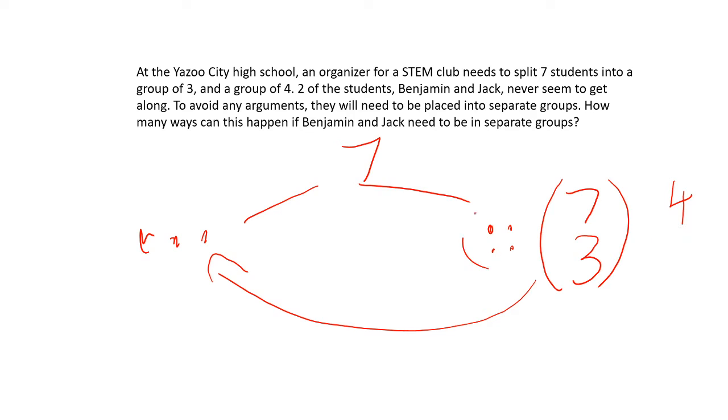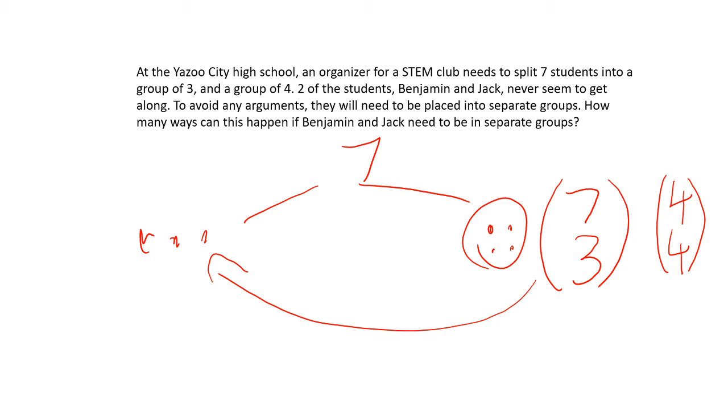And we have 4 remaining slots over here in the group of 4. And we need to choose 4 out of the 4 students. We need to choose all 4 of them to be placed into the group over here. So this is 4 choose 4, which is just 1. So there are 7 choose 3 ways that we can form groups, disregarding any restrictions.